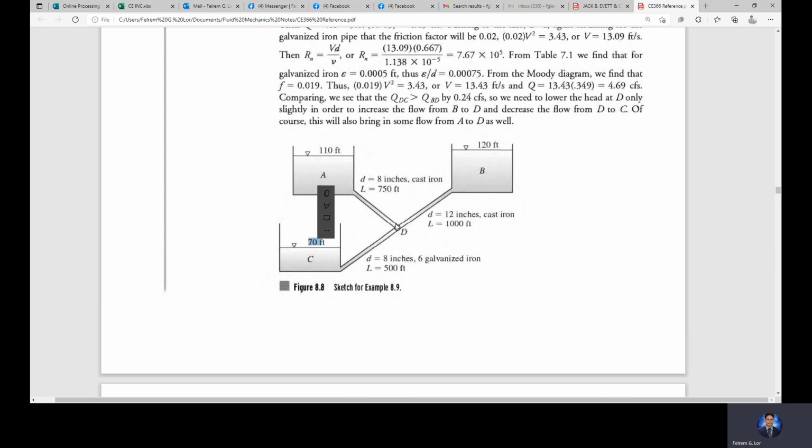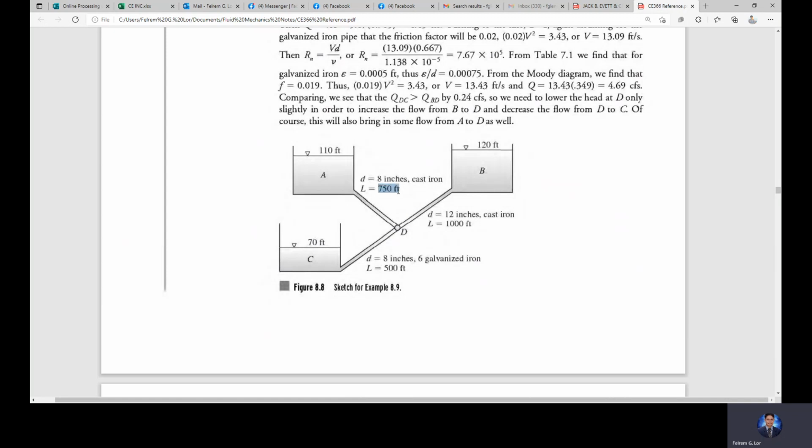And then there is a connector junction, what we call point D. From A to D, it is connected with a pipe of cast iron.